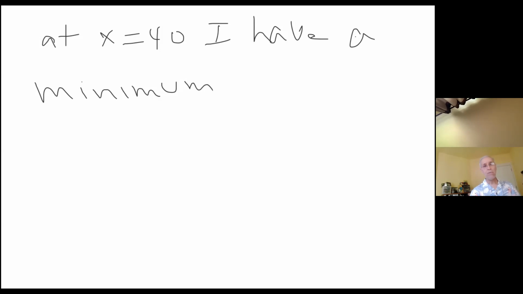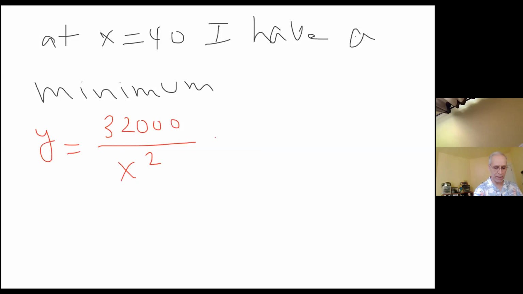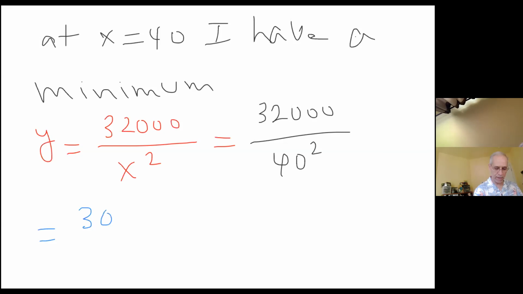Well, if x is 40, what is y? We know that y equals 32,000 divided by x to the second, that equals 32,000 over 40 to the second. That equals 32,000 divided by 1600.